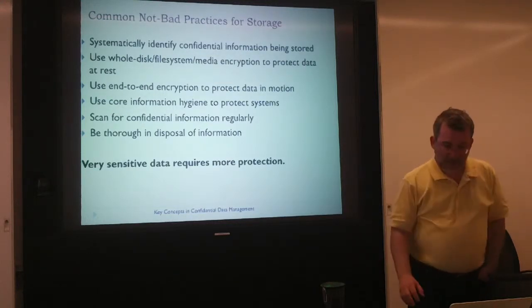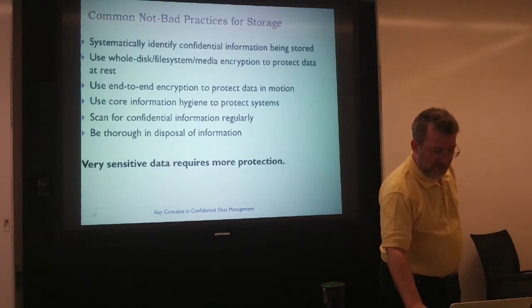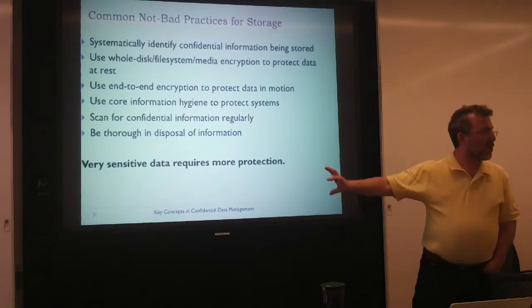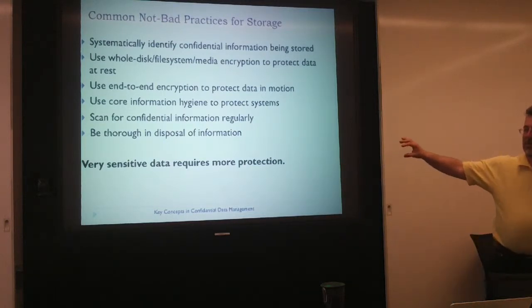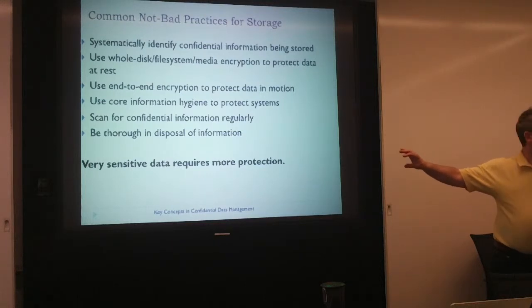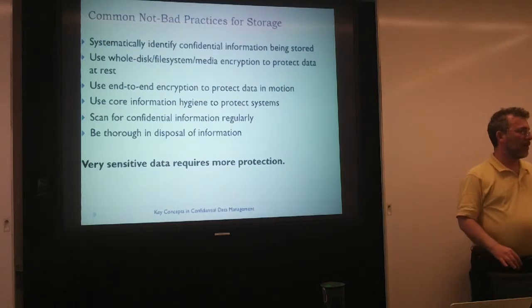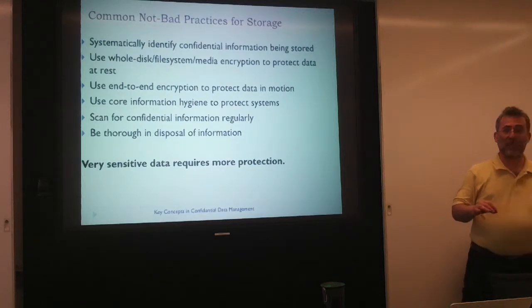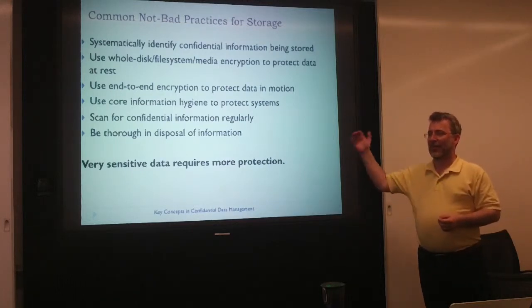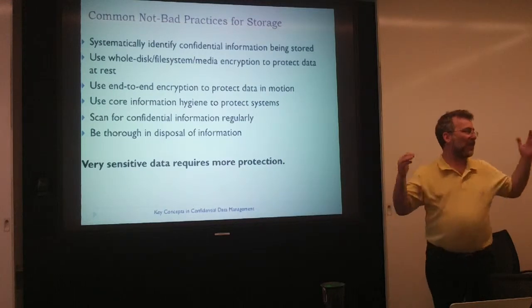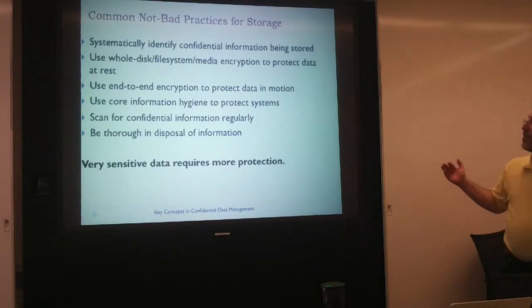And some not uncommon, not bad practices. I mean, this is nowhere near the state of the art, right? But this is the state of the common not bad practice if someone's thinking about it. And it roughly corresponds actually to the Massachusetts personal privacy security controls that are part of the Massachusetts law.